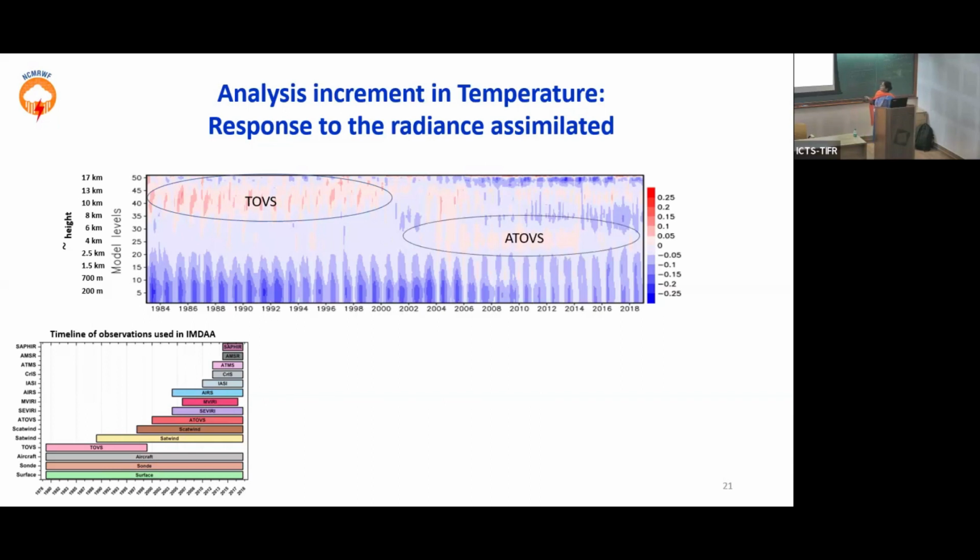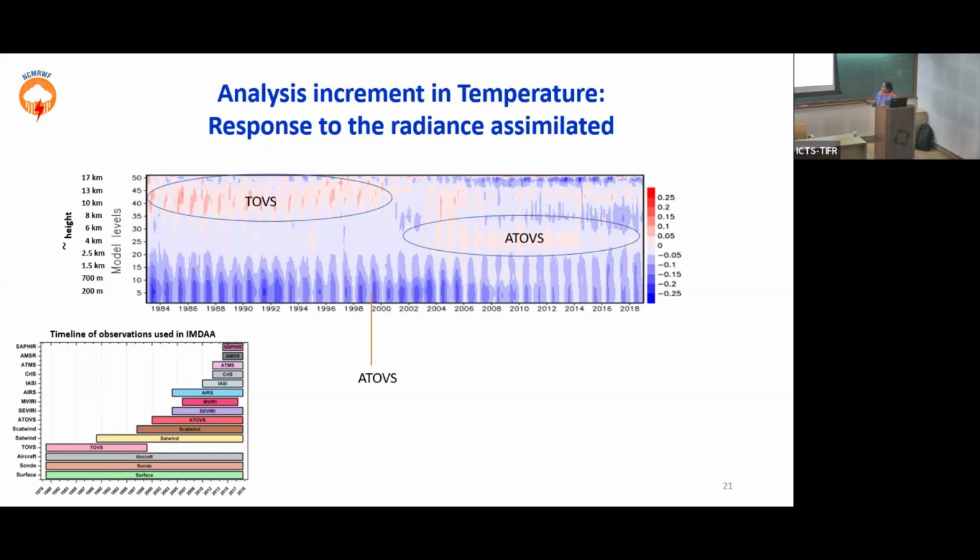When we changed from TOVS to ATOVS, the changes in the analysis increment slightly shifted to the middle atmosphere, maybe 6 to 8 kilometers. So whenever there is a change in the observing system, it is reflected in the assimilation system and also in the analysis increment.